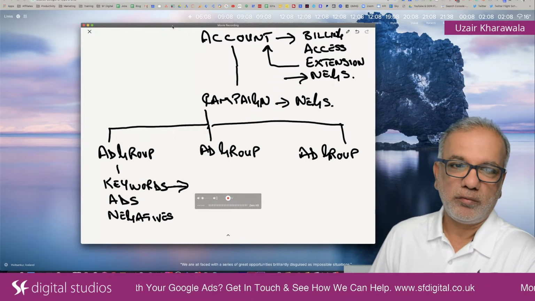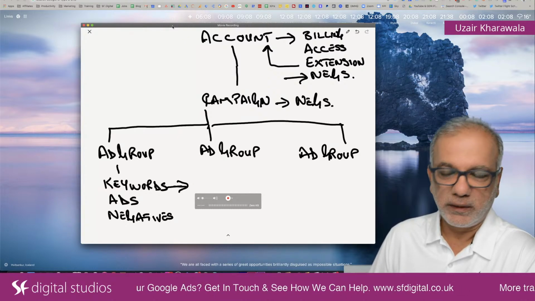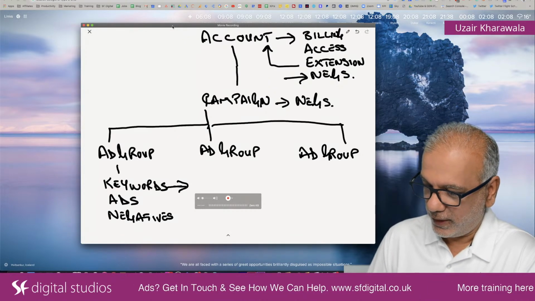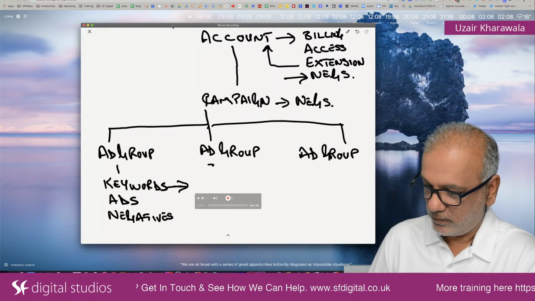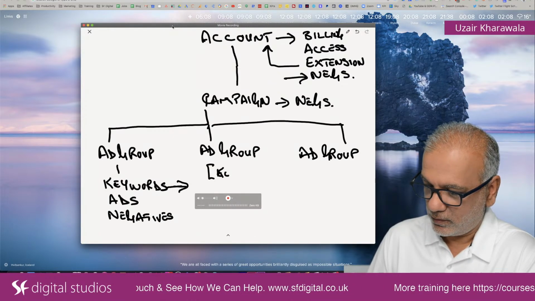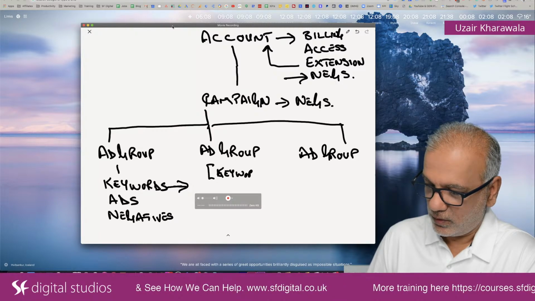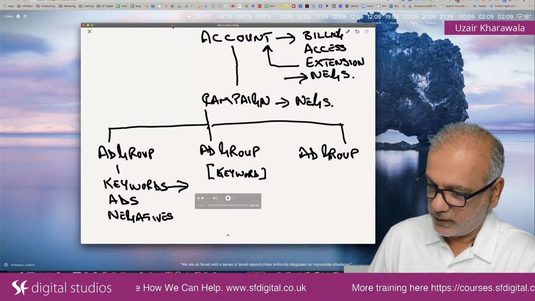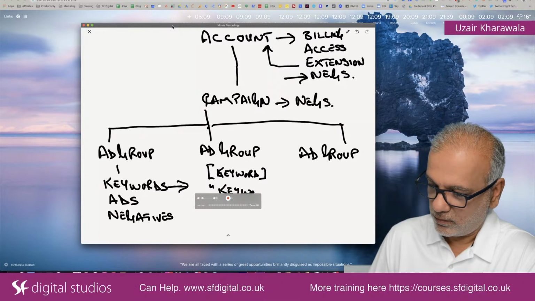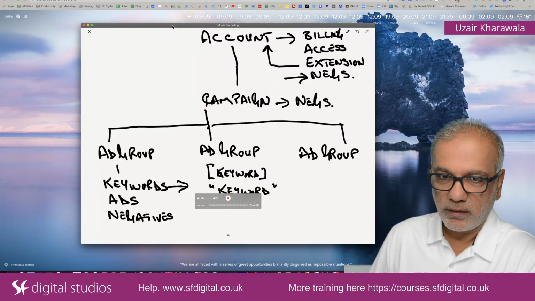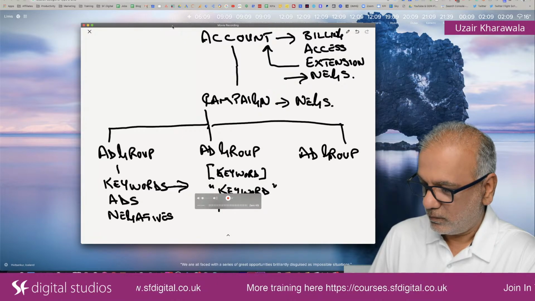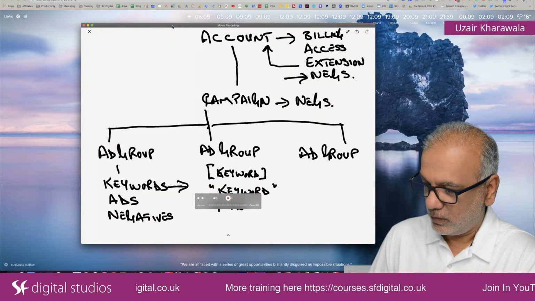So one way of structuring your account is you can have a keyword in an ad group at exact match, phrase, or broad modified.